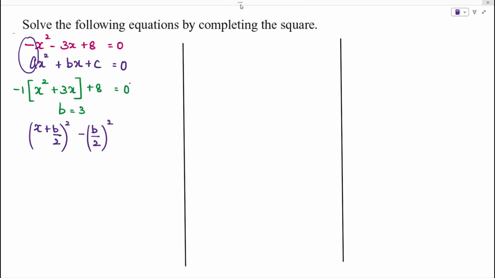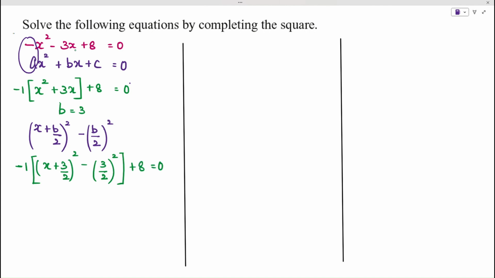We're going to substitute our value of b into this formula, and for that we get minus 1. Then in square brackets we have x plus 3 over 2 the whole squared minus 3 over 2 whole squared. We close our square brackets, we add our plus 8 is equal to 0.